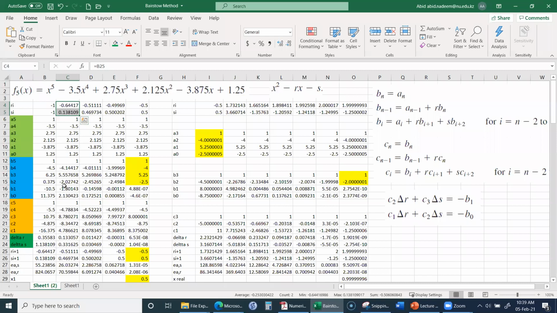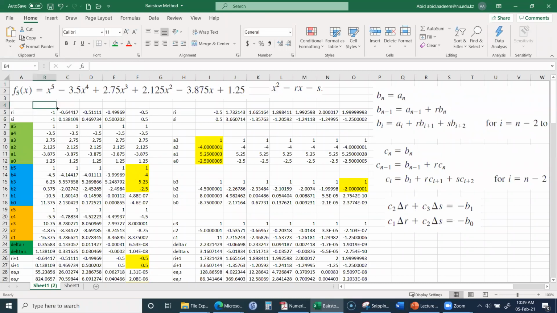In this way I did the iterations. This is the first iteration, this is the second, this is the third, this is the fourth, and this is the fifth iteration.